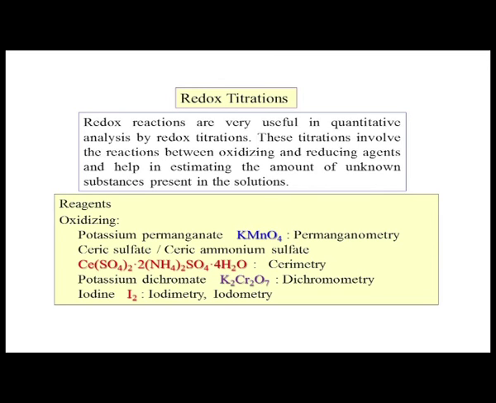KMnO4 is the strongest oxidizing agent among all these, with an E0 value of 1.51 volt, while the I2 value is only 0.51. So, iodine is weakly oxidizing and KMnO4 is strongly oxidizing. Under KMnO4 we have a series of compounds which can be analyzed. Similarly, using potassium dichromate we can analyze some other compounds.